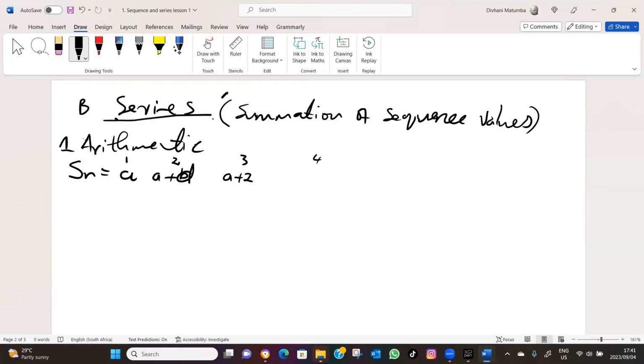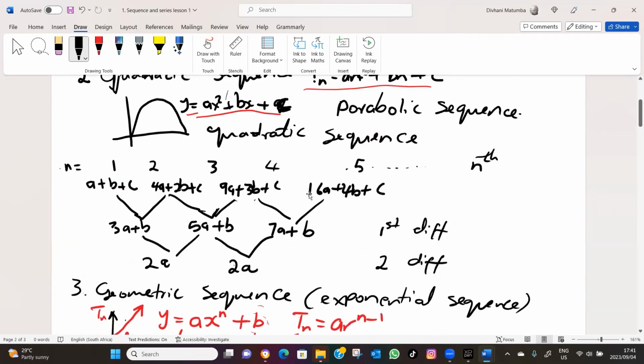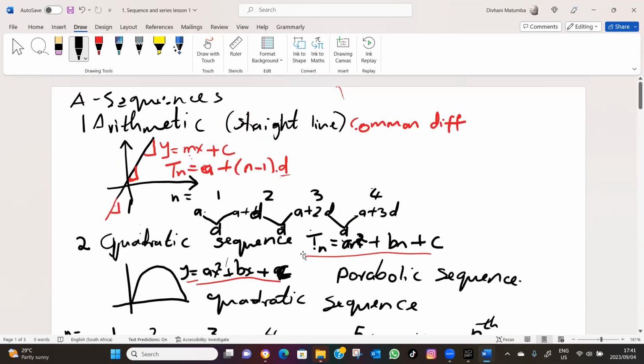A plus D, where D is the common difference. Then A plus 2D, A plus 3D. Where did I get this? It's coming from, as you can see, these terms.